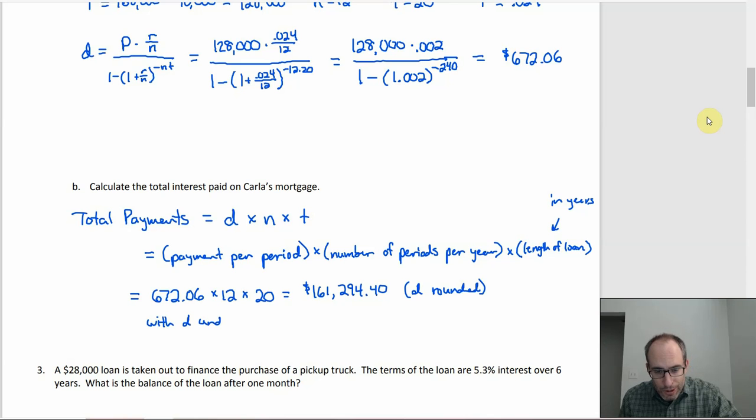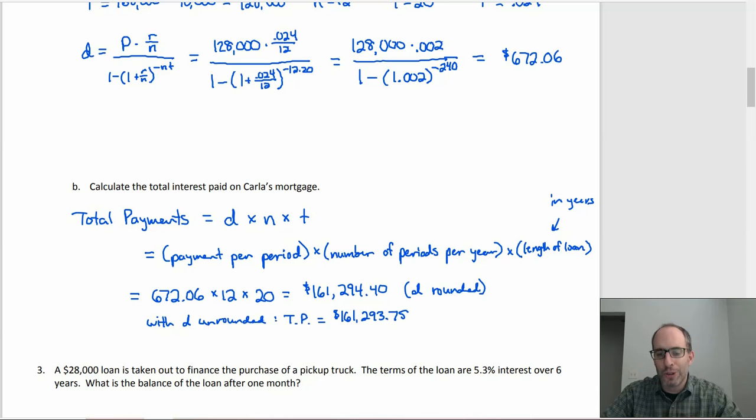So that should be an R, not a D. Unrounded, you get that the total payments are, and it's a little lower because you rounded up to the 6 cents, 161,293.75.